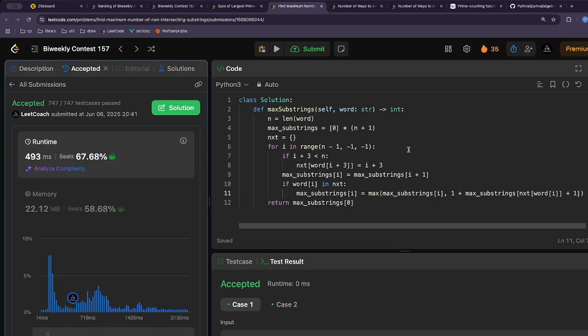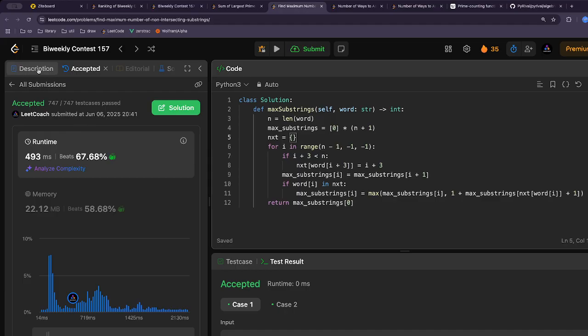I like to give it more meaning, a more descriptive name, but usually I rename it to best or something that describes that it is like the optimal value. Good solution. Thank you.